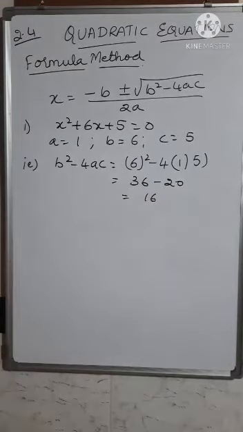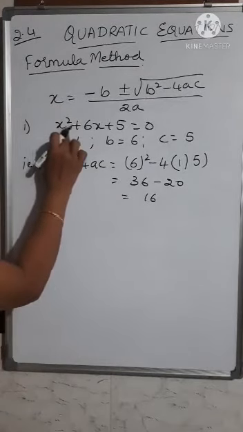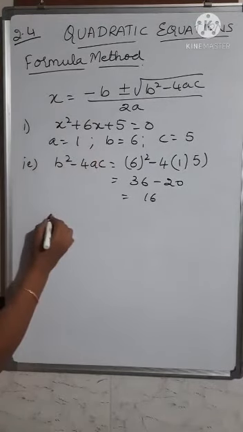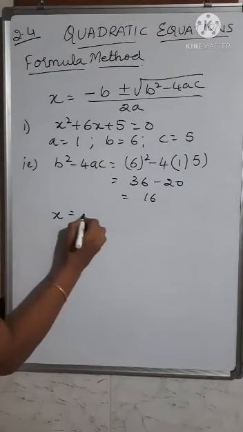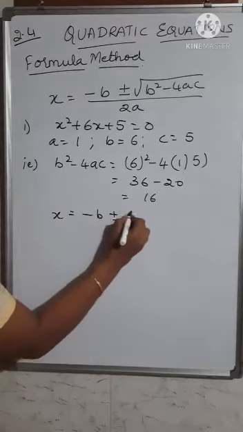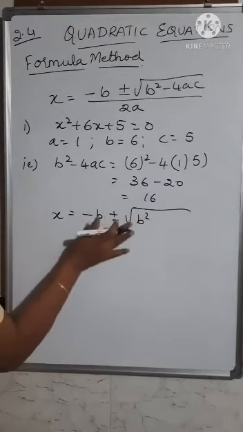Next, write the formula. Here the variable is x, so we write x is equal to minus b plus or minus root of b square minus 4ac upon 2a. For each and every problem, make sure you write the formula.